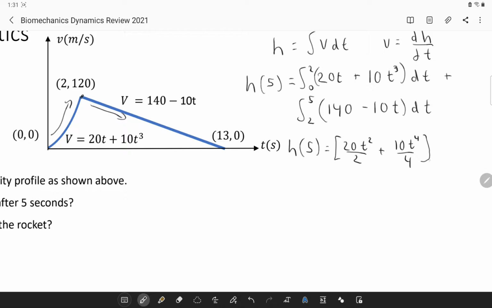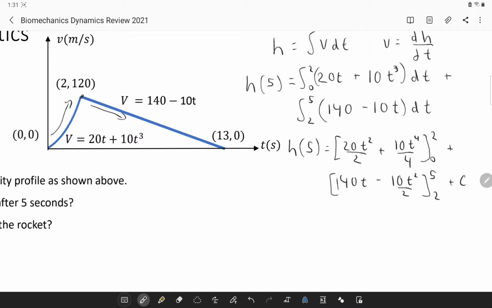Again, this is going to go from 0 to 2, plus 140t minus 10t squared over 2, evaluated from 2 to 5, plus some constant of integration.